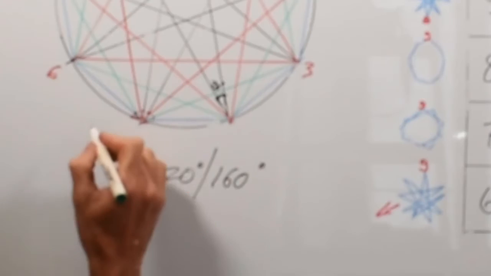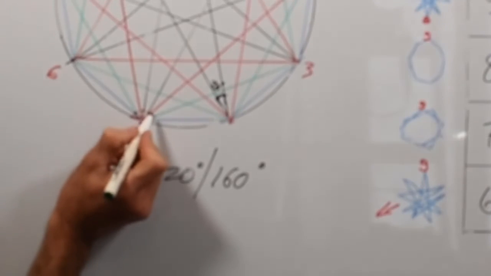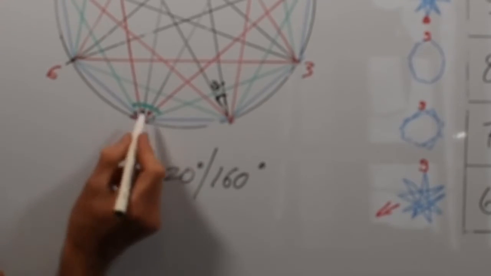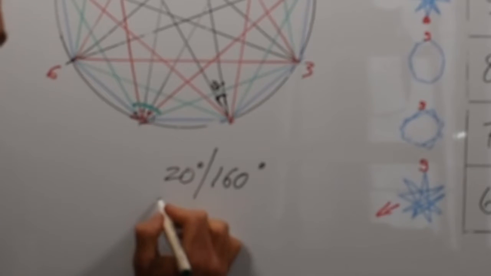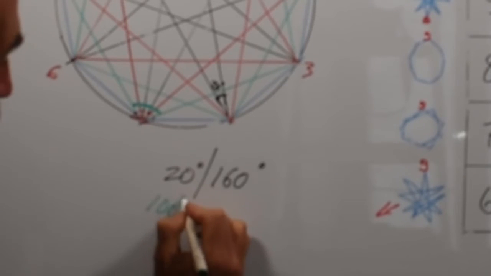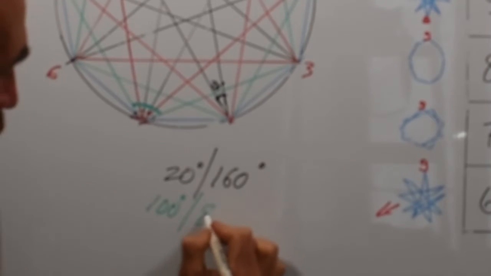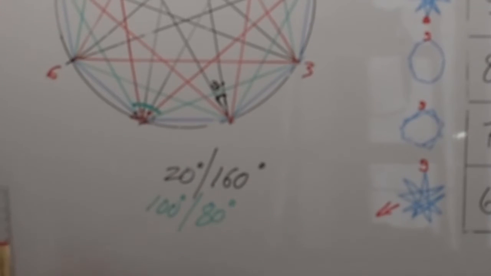I'm just going to whip through these for now. On the green form, the green triangle, this angle here, the interior angle, is 100 degrees, and therefore the exterior angle would be 80 degrees.